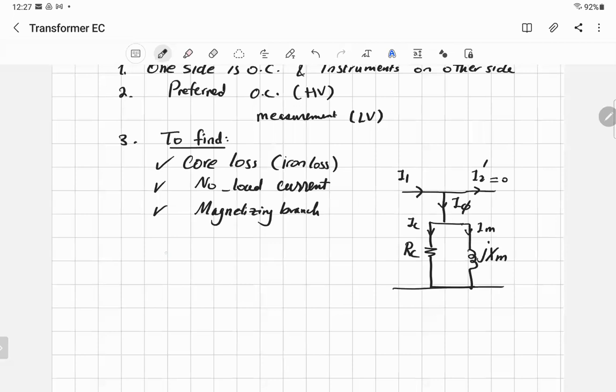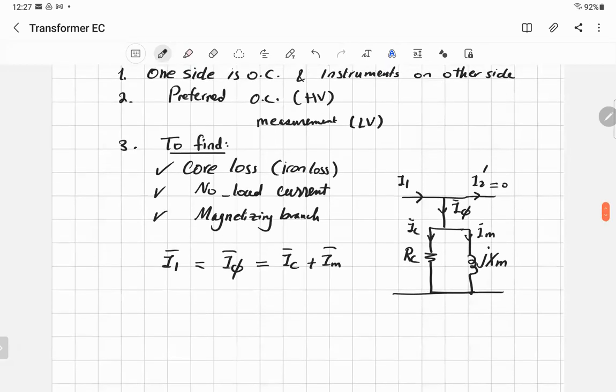So in this case, I1 is equal to I phi, and we're talking about vectors, and it's equal to the currents IC and IM, because I phi will be divided into two. And they are perpendicular because one is the resistive one.